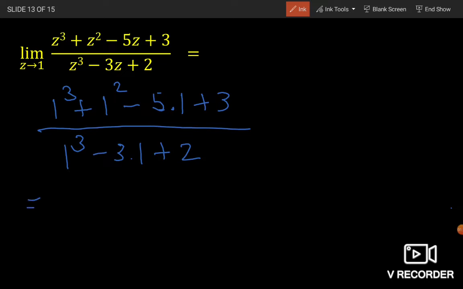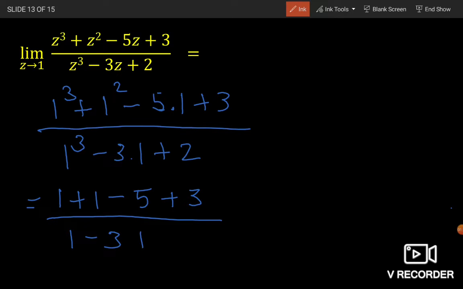So this is equal to 1 plus 1 minus 5 plus 3 all over 1 minus 3 plus 2.